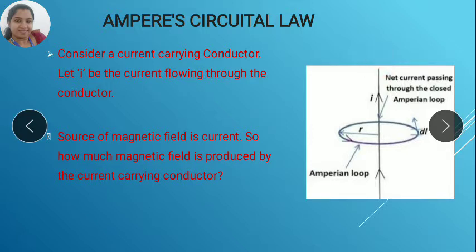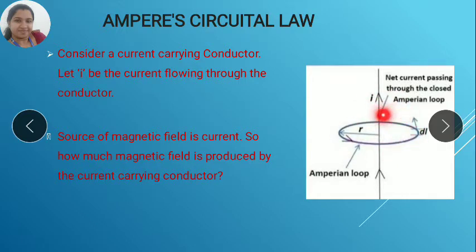We are all familiar that a current carrying conductor is the reason for the magnetic field. The magnetic field is developed in a direction which is represented by this circular loop.